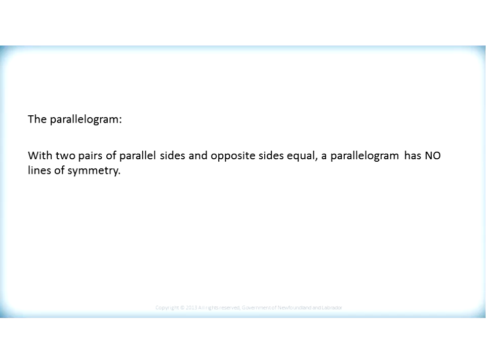For the parallelogram, with two pairs of parallel sides and opposite sides equal, the parallelogram has no lines of symmetry. And we'll see that here. There's no line you can draw through a parallelogram that will create a mirror image of that shape through your line of symmetry.